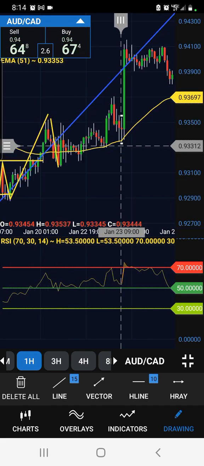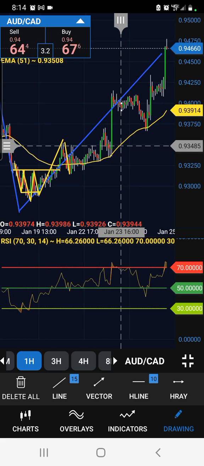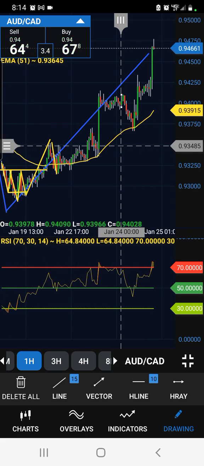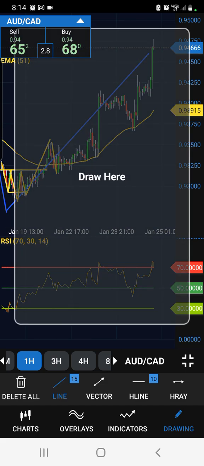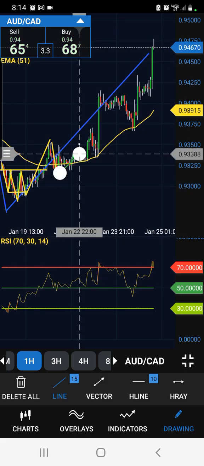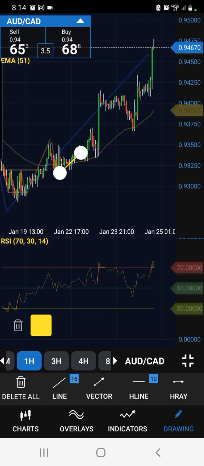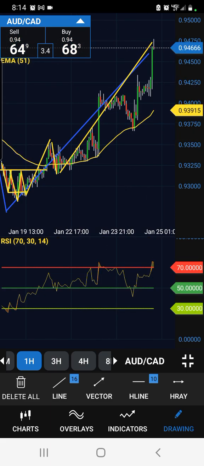And that's where I entered the trade, with the expectation that price, like it did, would continue upward.